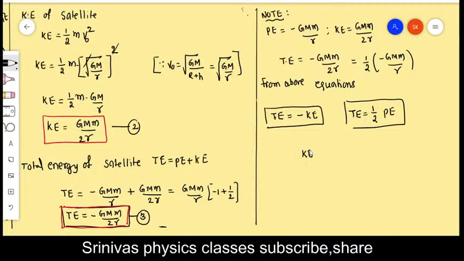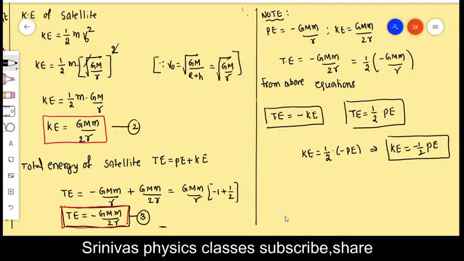And for the relation between kinetic energy and potential energy, kinetic energy is equal to half of GMm by r, and GMm by r is minus of potential energy. So kinetic energy is equal to minus half potential energy. These are the relations between total energy, kinetic energy and potential energy.